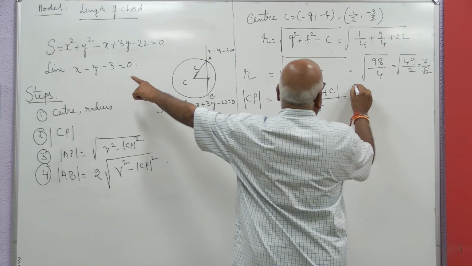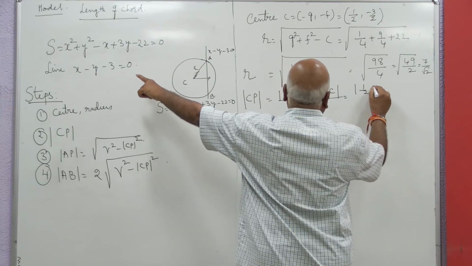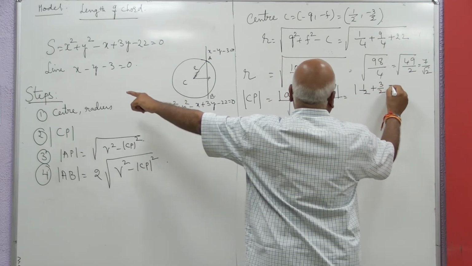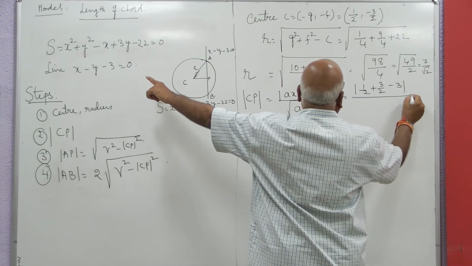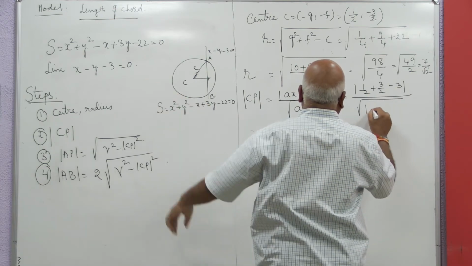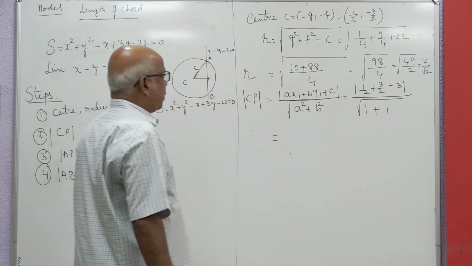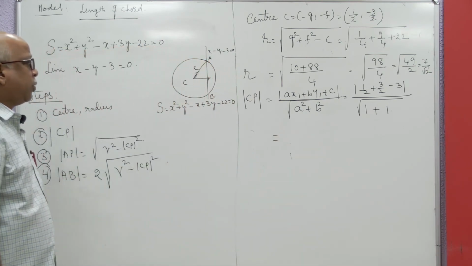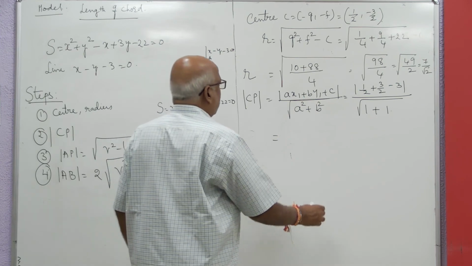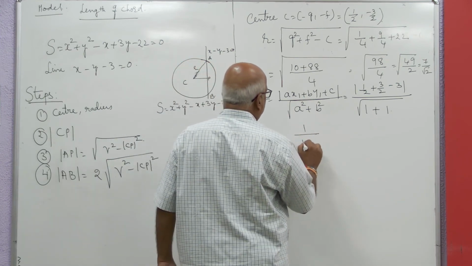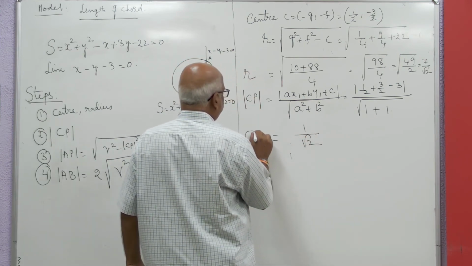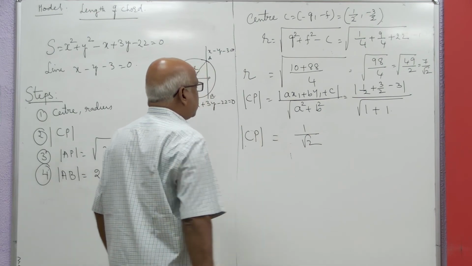Substitute in this: modulus of 1 by 2 plus 3 by 2 minus 3 divided by root of 1 plus 1. 1 by 2 plus 3 by 2 is 4 by 2, that is 2. 2 minus 3 is minus 1, so CP equal to 1 by root 2.